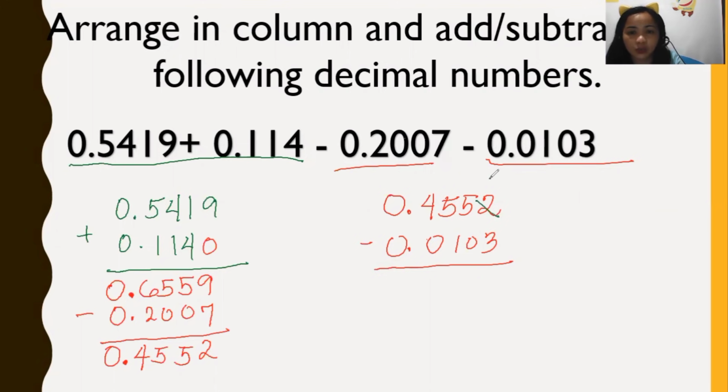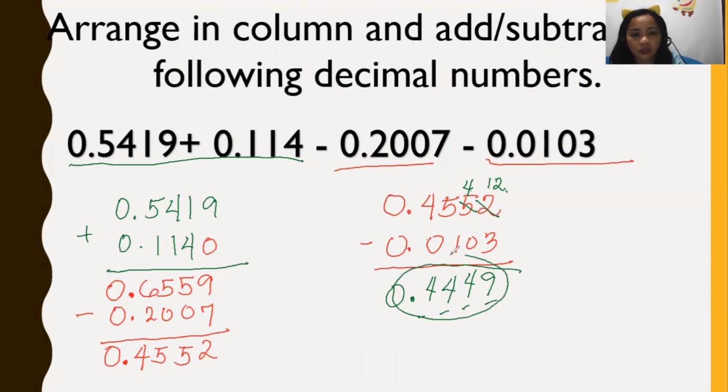Cannot be. 2 will become 12 and then 5 will become 4. 12 minus 3 is 9. 4 minus 0 is 4. 5 minus 1 is 4. 4 minus 0 is 4. Align the decimal point and then copy 0. So we have 4,449 ten thousandths. That is the answer.